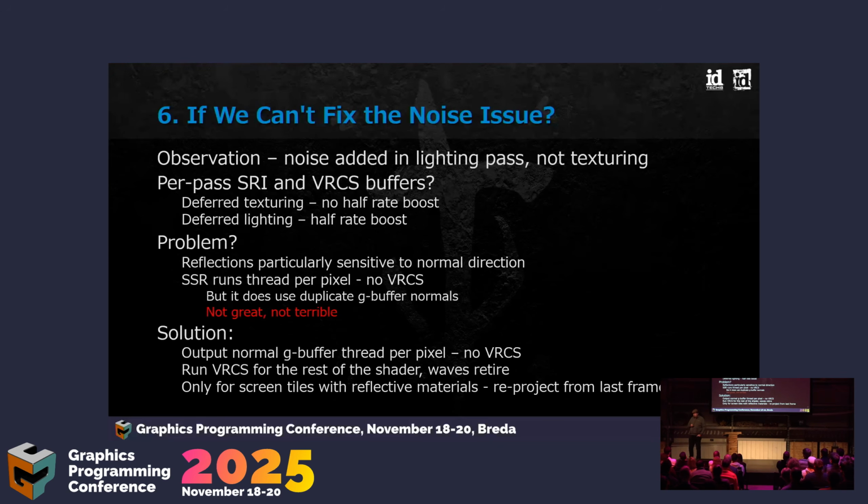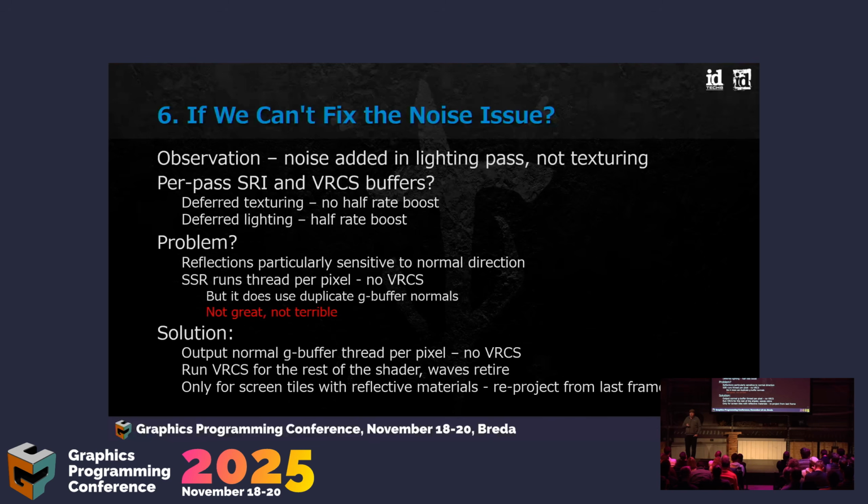Another observation is we only needed to add the noise to fix the lighting pass. We didn't actually need the additional shading for the deferred texturing. So it would be possible to run these with different shading rate images and therefore different VRCS buffers and therefore a different number of primary pixels for deferred texturing and deferred lighting.